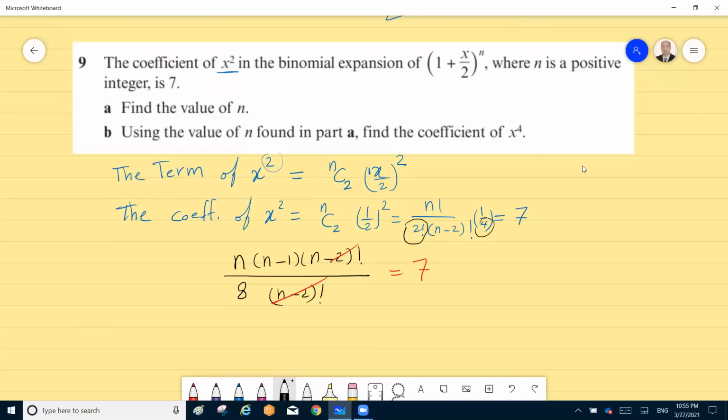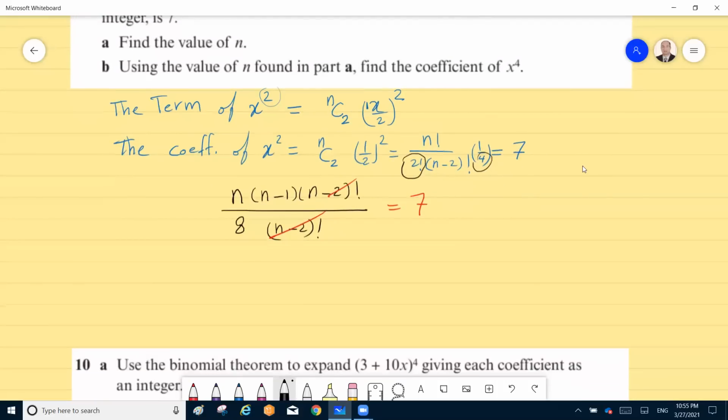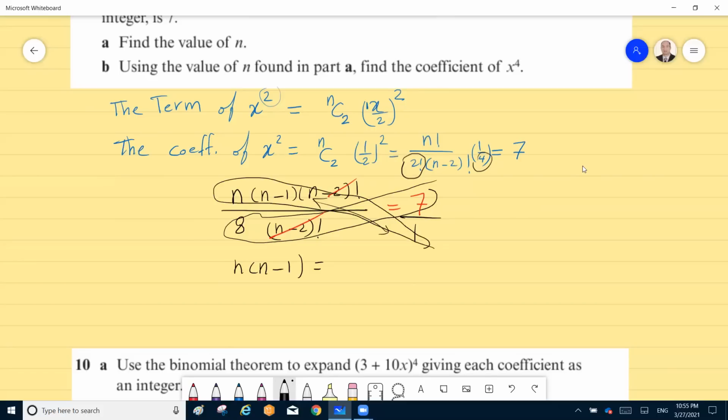If you continue solving, n into (n minus 1) is equal to 7 times 8 by cross multiplication: product of means equals product of extremes. So n into (n minus 1) is really 7 times 8. Now don't write n into (n minus 1) and make it a quadratic equation.